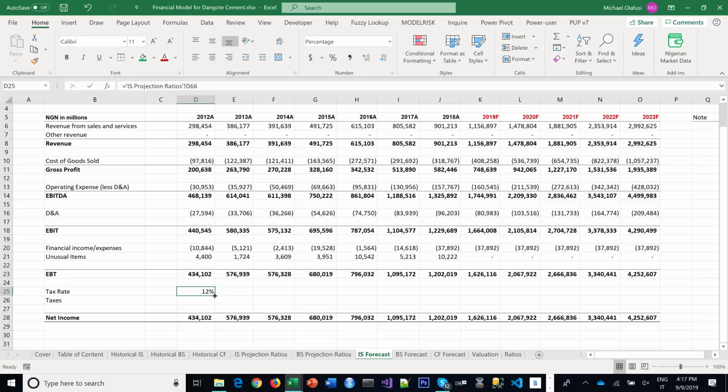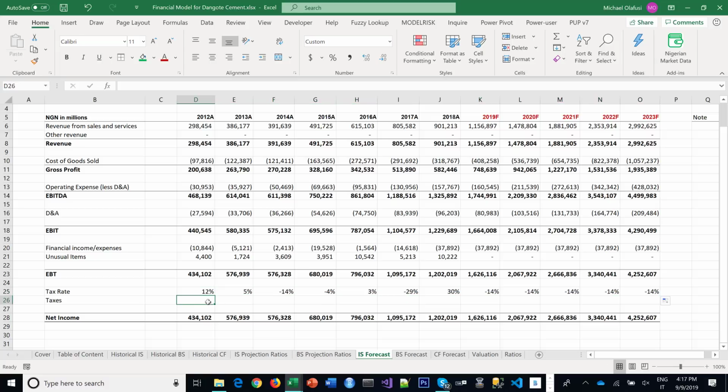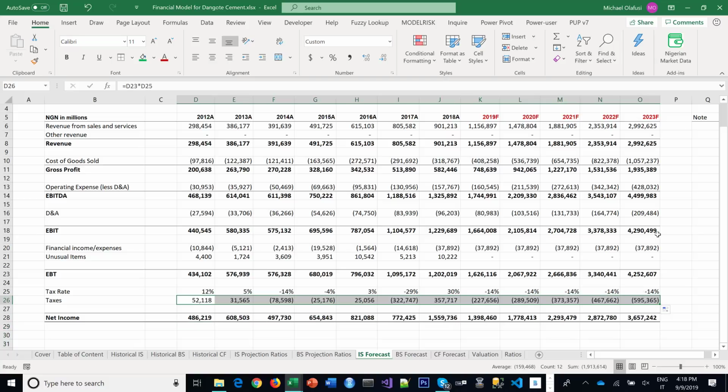Show as percentage. I drag all the way down. So for this one, the tax is EBT times the tax rate, and I hope this is correct. Okay, and I drag into the future.